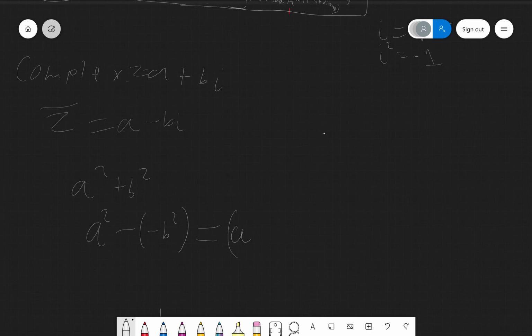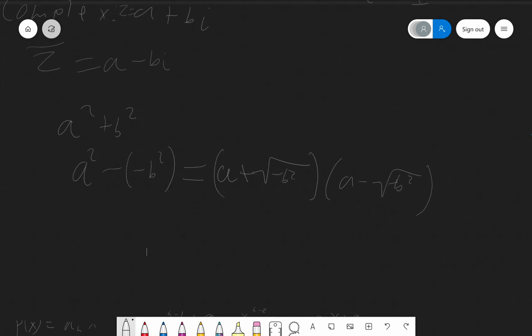plus the square root of negative b squared times a minus the square root of negative b squared. Maybe you might have done that and got stuck here when you saw the negative b squared. So what do we do?